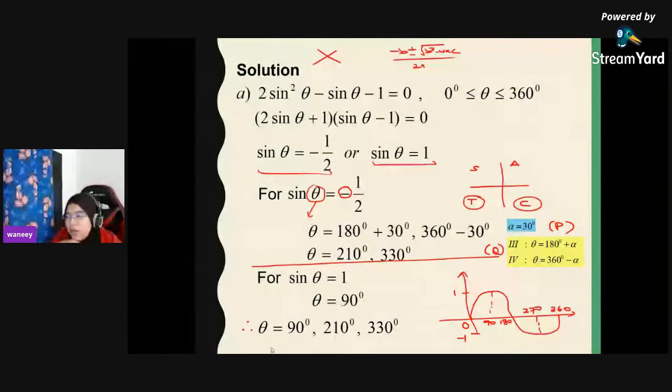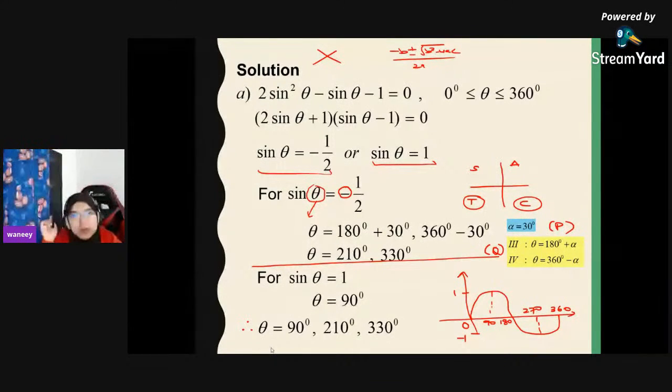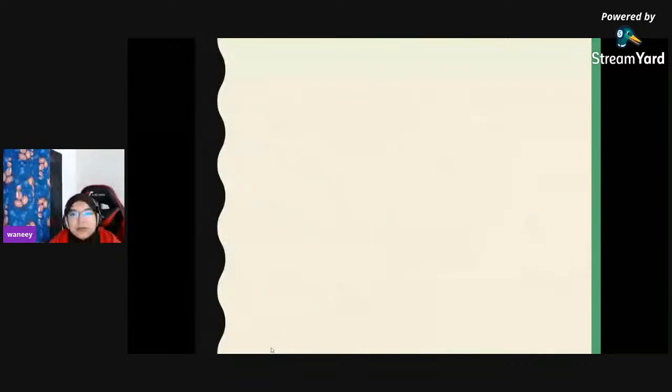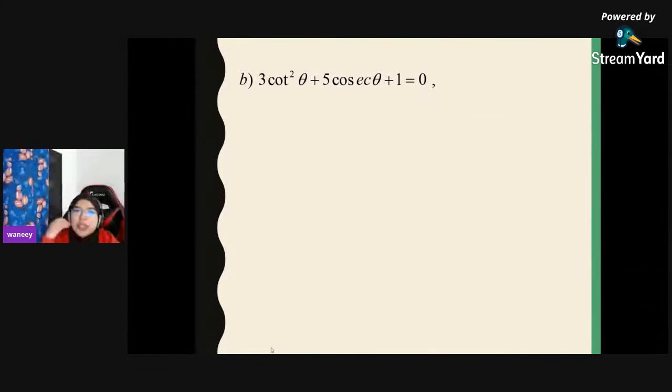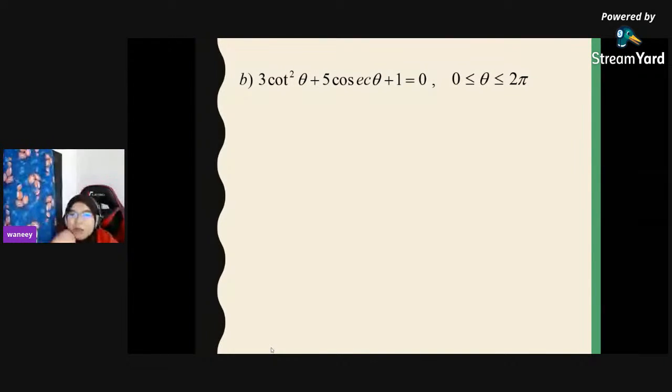Okay, so now let us go to B. For B, we got 3 cotangent square theta plus 5 cosecant theta plus 1 equal to 0, and theta should be between 0 and 2 pi. Let us think a little bit. This is actually a quadratic, so somehow we should be able to factorize it.